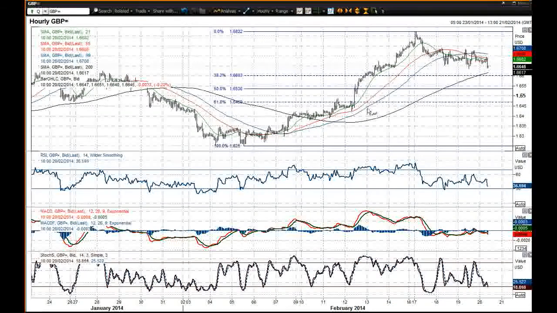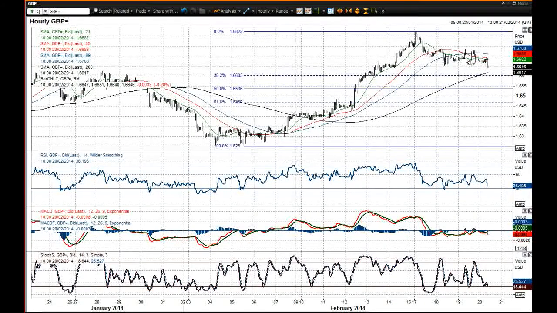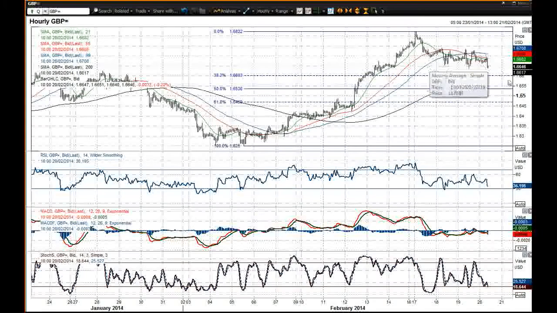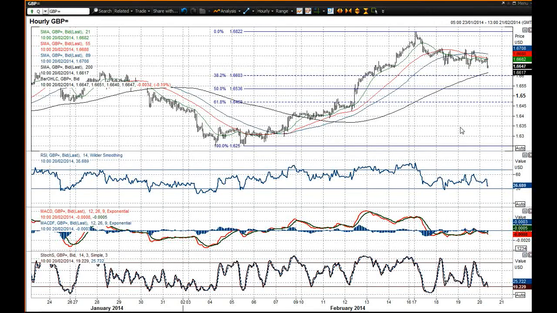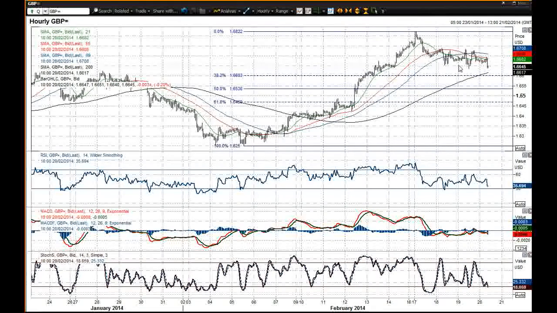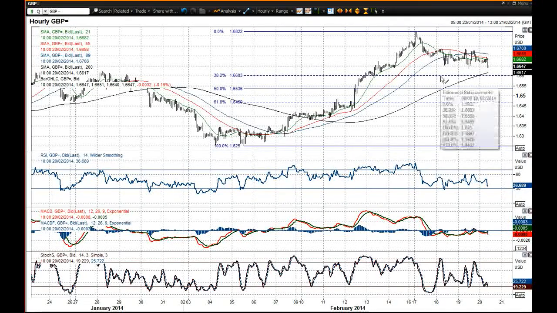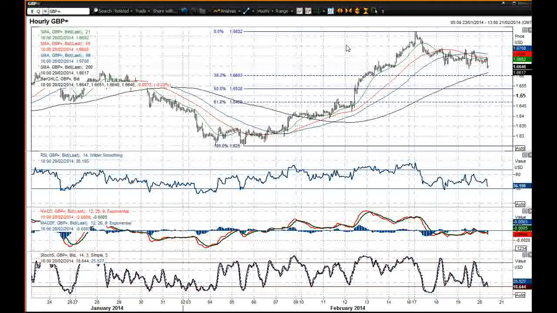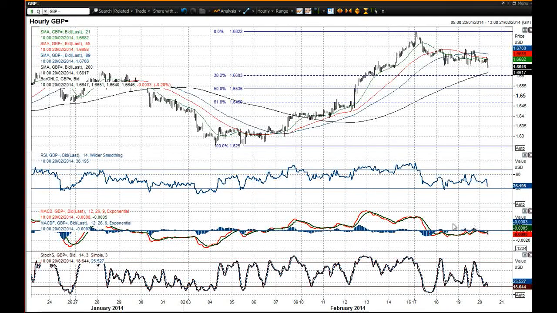You've got these moving averages on the hourly chart, which have rolled over and started to provide resistance. So I still think the downside for a correction back towards that 66 figure is perfectly likely to be seen in the coming hours as this retracement continues. The momentum indicators are all fairly corrective.